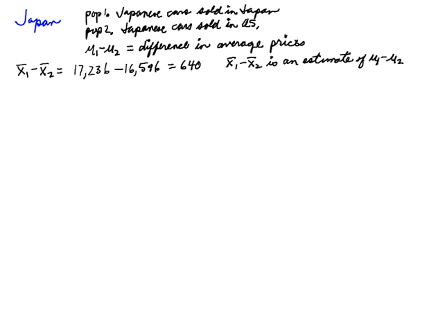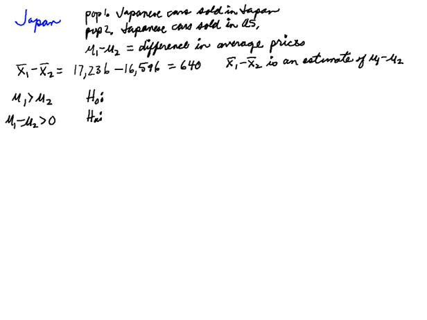So I'm trying to show that mu1 is greater than mu2, which is the same thing really as trying to show that mu1 minus mu2 is greater than 0. So if I want to show that mu1 is greater than mu2, I'm going to show that their difference is positive.